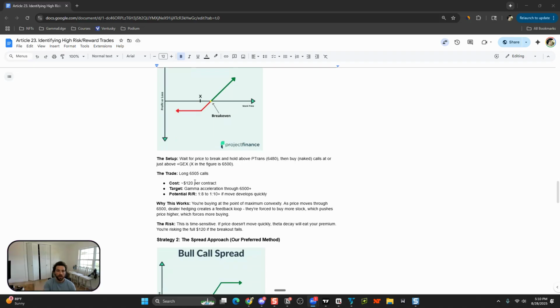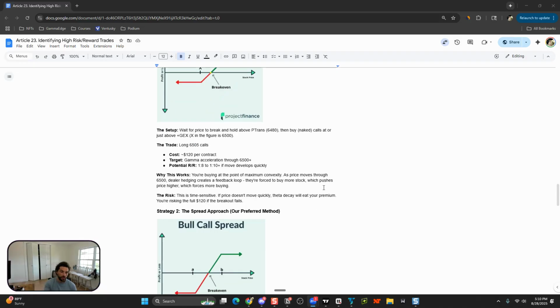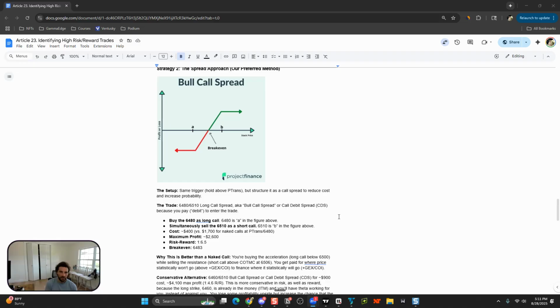As an example, it could cost $120 per contract, and the strike is going to be very low delta. And then as price continues to move up, that gamma is going to accelerate, that delta is going to accelerate. However, the risk of this trade is it's time sensitive. If you don't get that move very quickly, that option is going to decay very quickly as well. The next is a bull call spread.